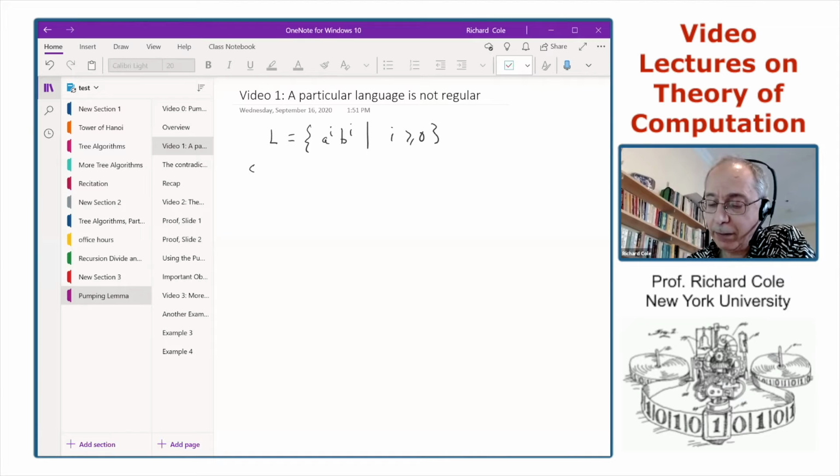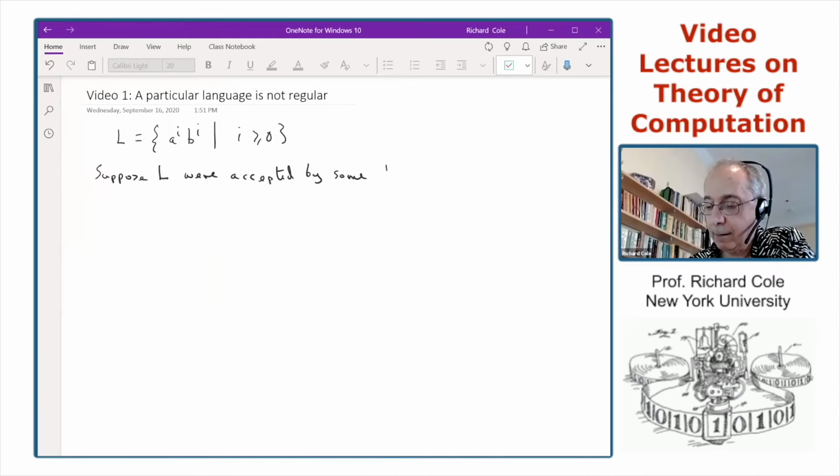So let's suppose L were accepted by some DFA M. And given a machine, we can ask how many states it has.